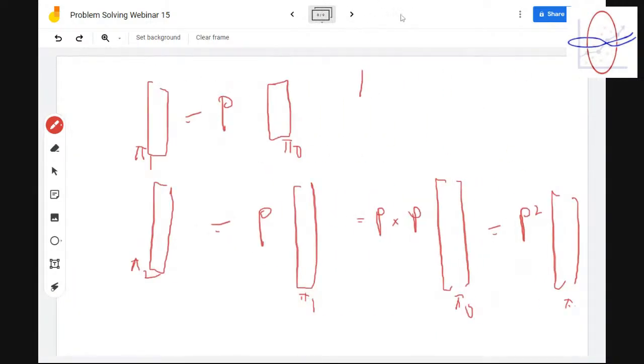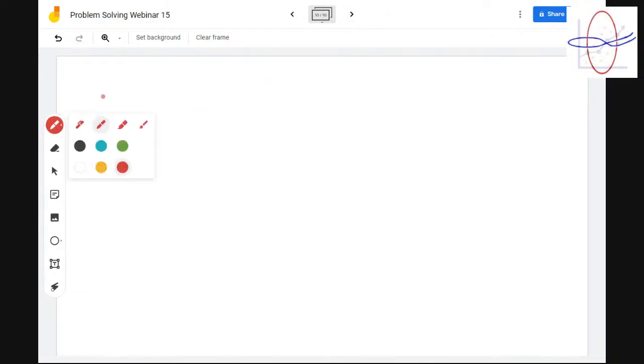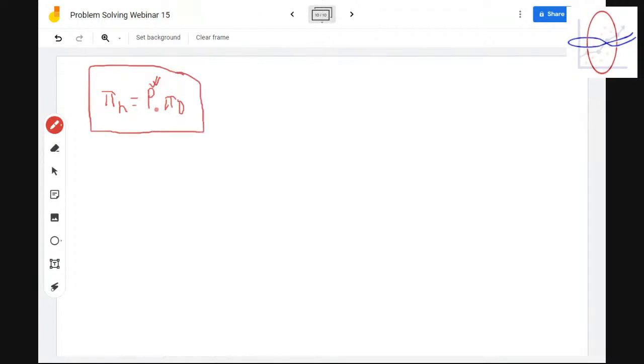So we are getting that pi n is equal to P to the power n pi naught. If we know P and pi naught, then we can predict pi n. The question is, how do you predict this P? Prediction of P is really interesting.